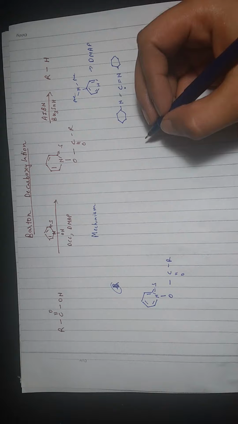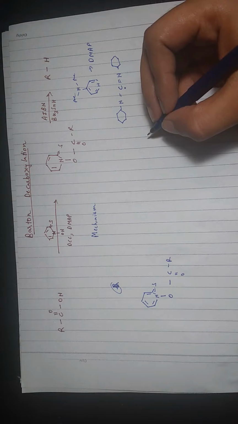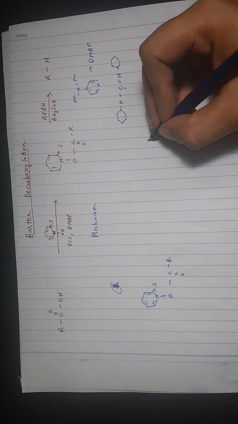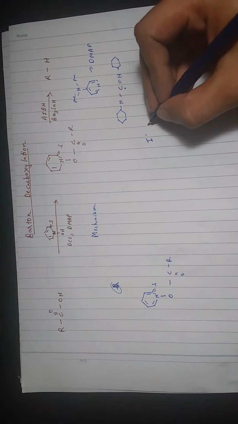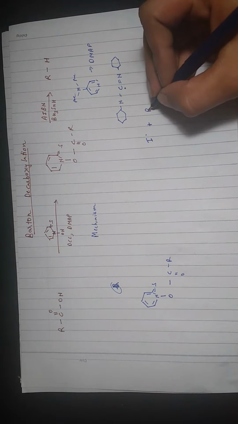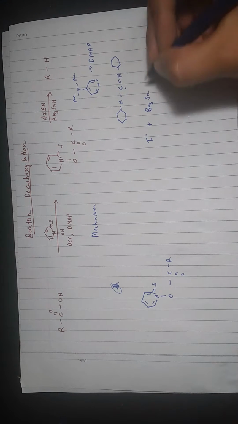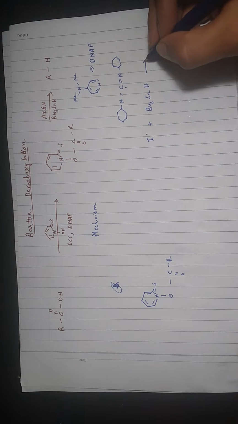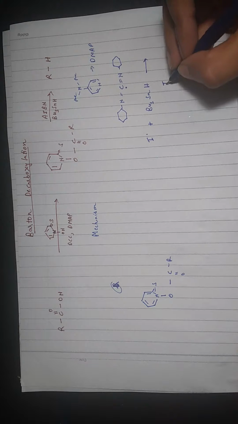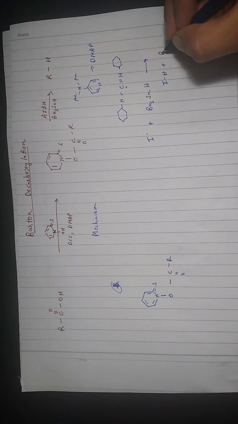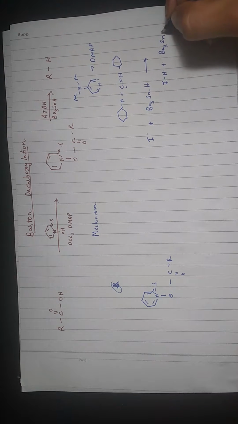So AIBN is basically a free radical initiator, so it generates a radical. So let's say it generates a radical called I, and when this radical reacts with Bu3SnH, we get IH plus Bu3Sn radical.